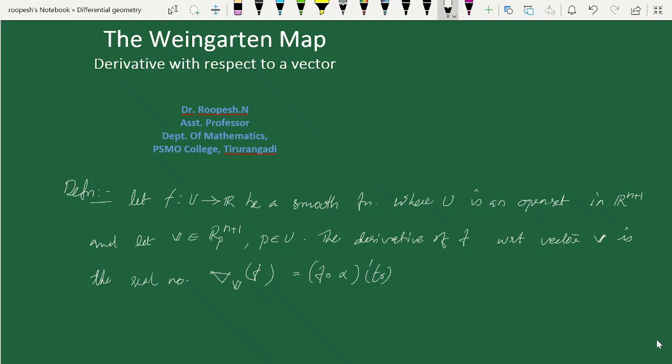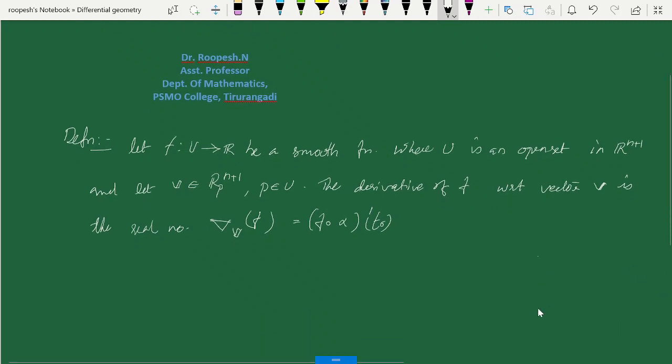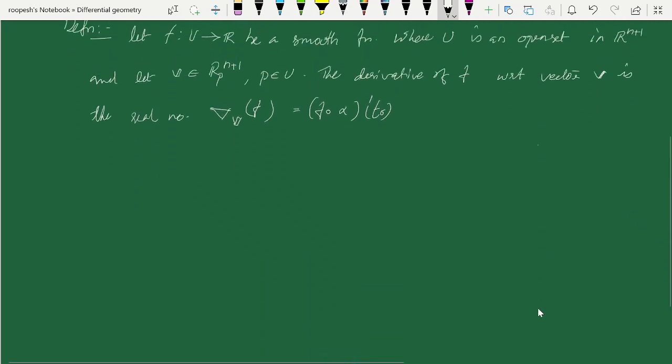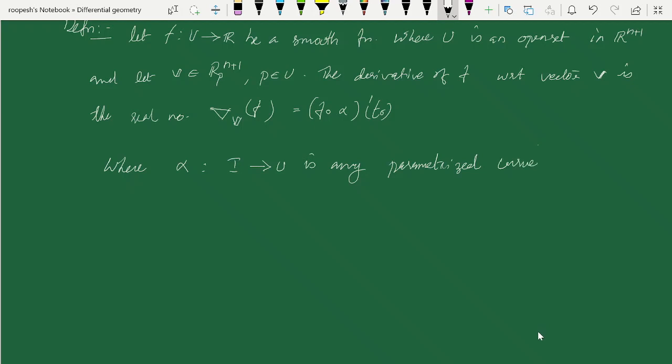Now what is this alpha? Alpha is a parameterized curve. So we want to mention that too, where alpha from I to U is any parameterized curve in U with alpha dot of t naught equal to v.